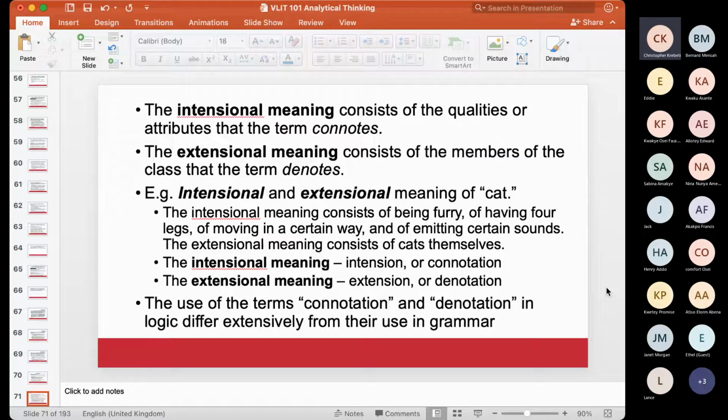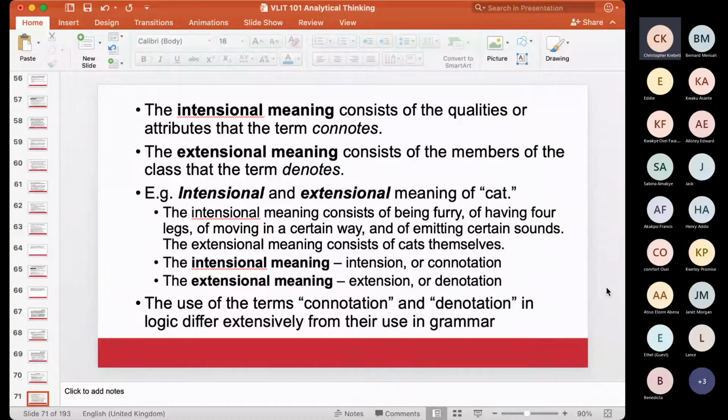If we talk about intentional meaning, then we are talking about the qualities or attributes that a term connotes. And when we are talking about extensional meaning, then we are talking about the members of the class that the term denotes.